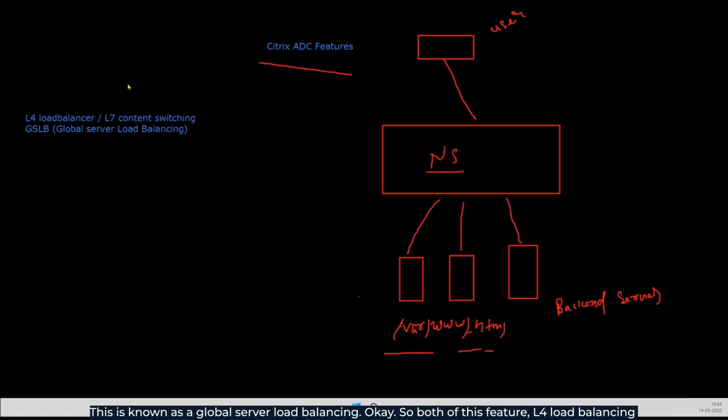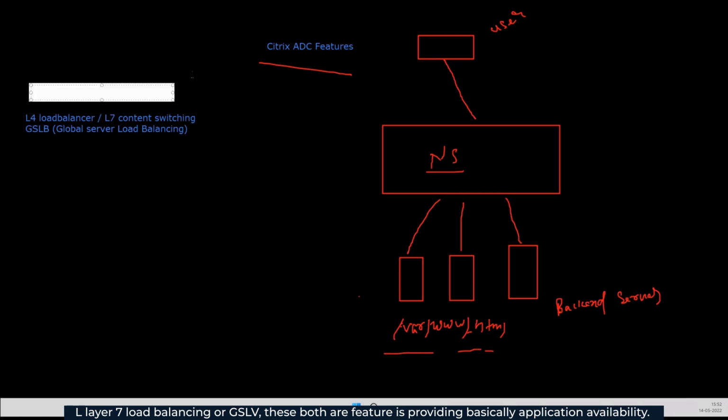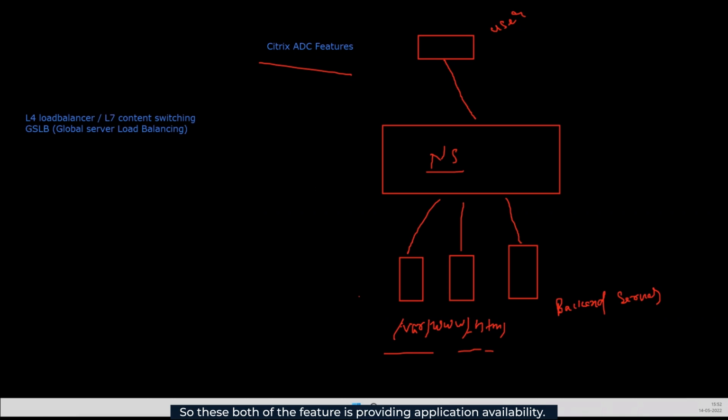So both of these features, L4 load balancing, layer 7 load balancing, or GSLB, are basically providing application availability.